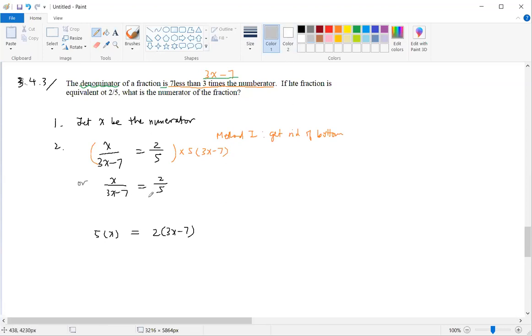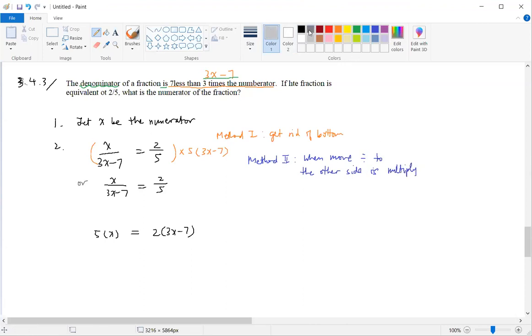You remember our goal is to make one layer. Method 2 is that when you move a divide to the other side, it becomes multiply. I wrote this in blue in the class notes.